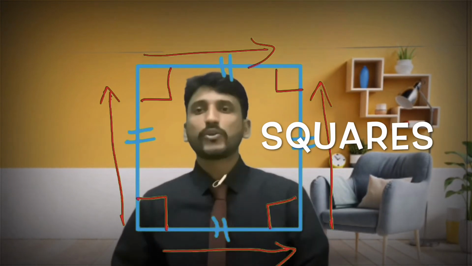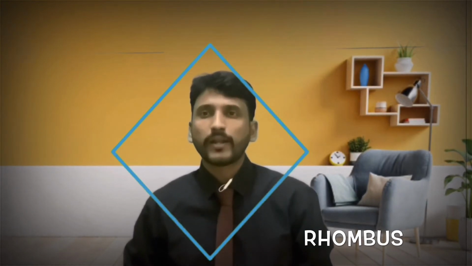Now, let me introduce to you another special parallelogram, which is a rhombus. Most of you may call it a diamond, but mathematically it's correct to call it a rhombus. Now, what difference does a rhombus make from a square? A square has all four sides equal. Yes, even in a rhombus, all the sides are equal.